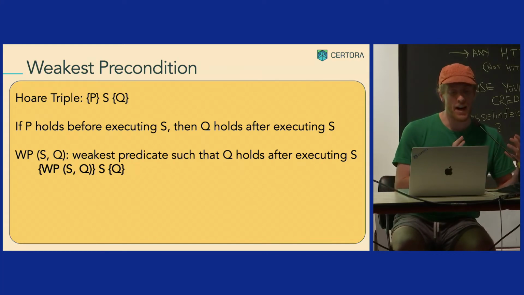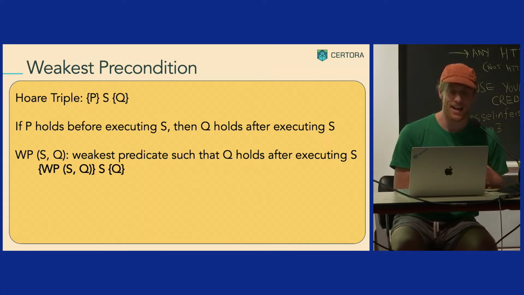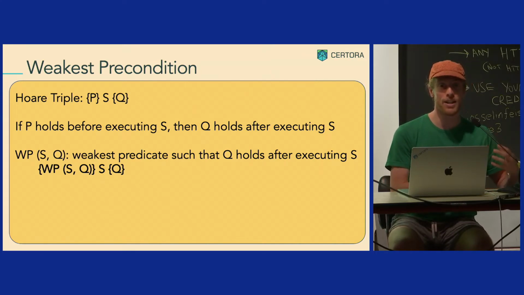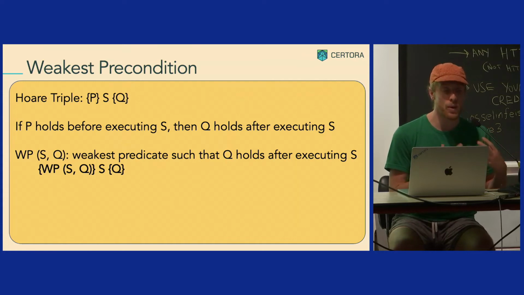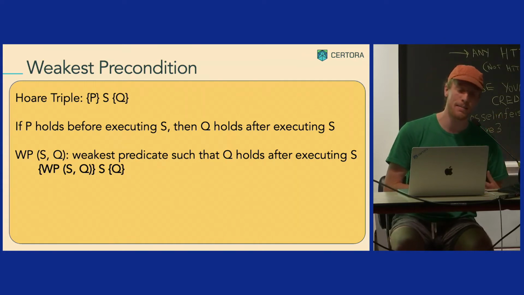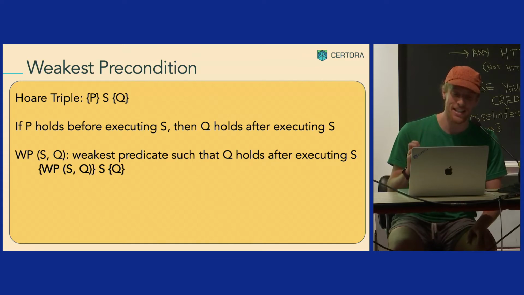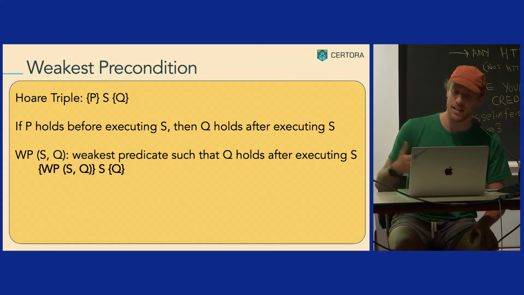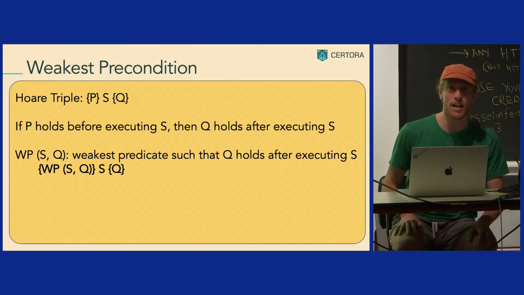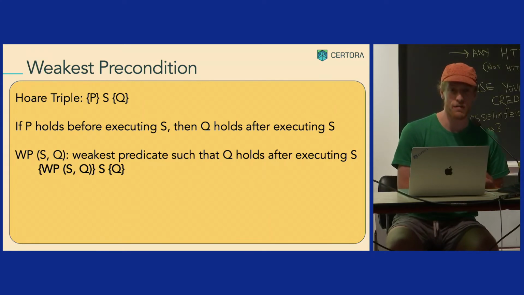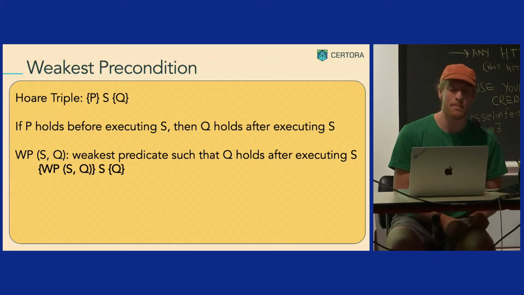And then we have this thing called weakest precondition. The weakest precondition kind of helps us reason about the precondition we might write. So the weakest precondition of a program S and a postcondition Q is, I'll just read this out here, the weakest predicate such that Q holds after executing S. So if you have S and Q, this is a way to compute the weakest precondition.